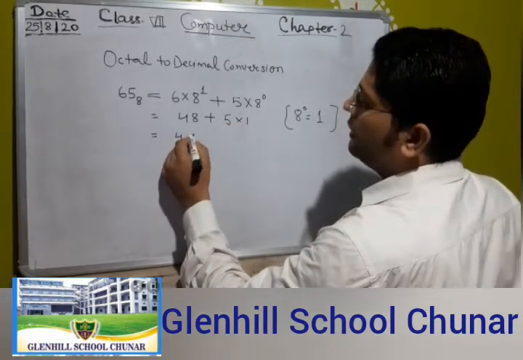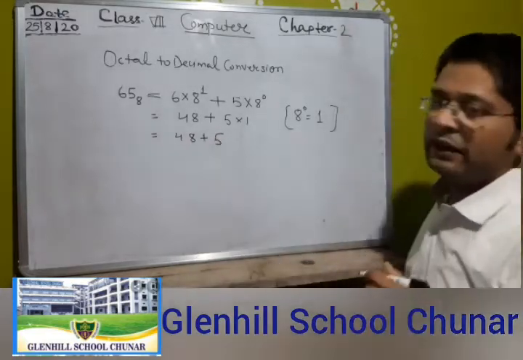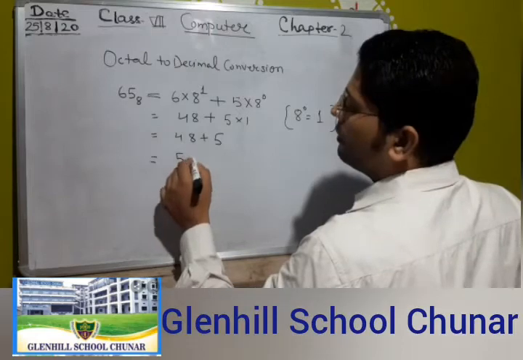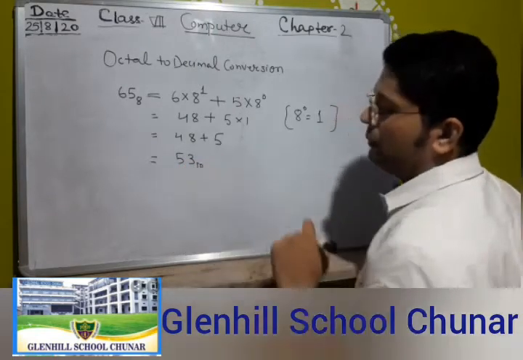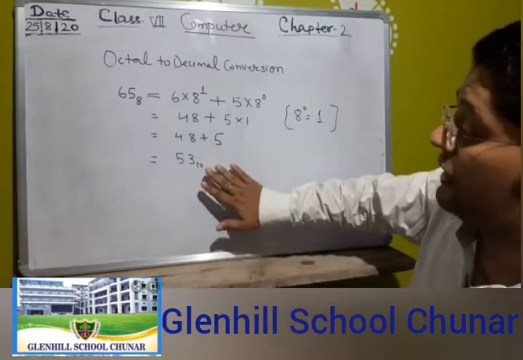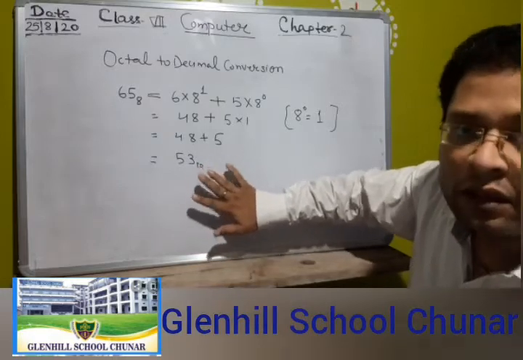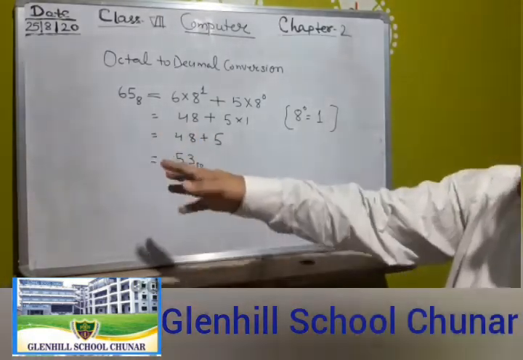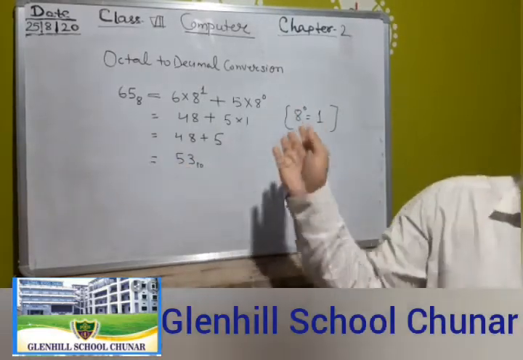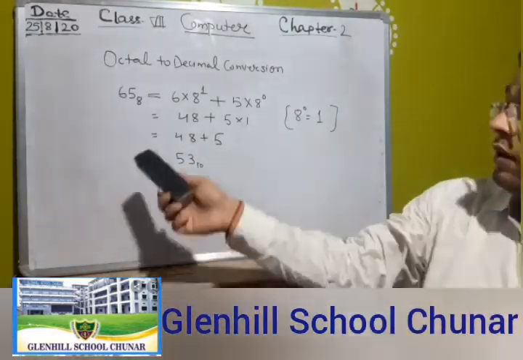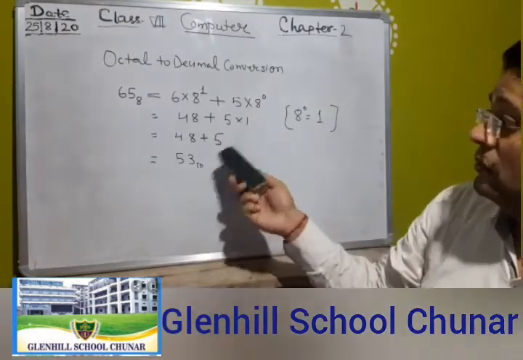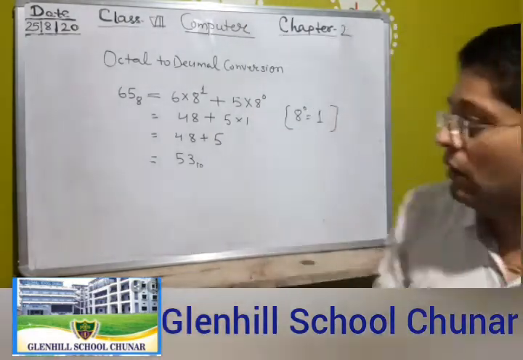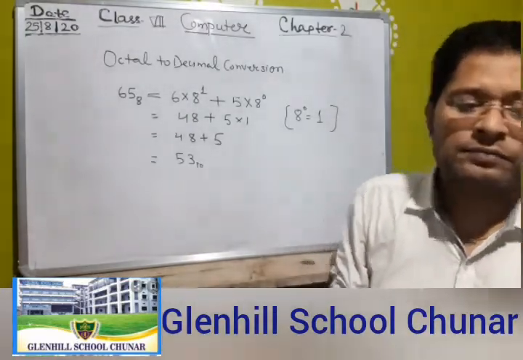So 48 plus 5 is 53, with base 10, which indicates this is a decimal number. So octal number 65 converts to the decimal value 53. Okay student, clear?